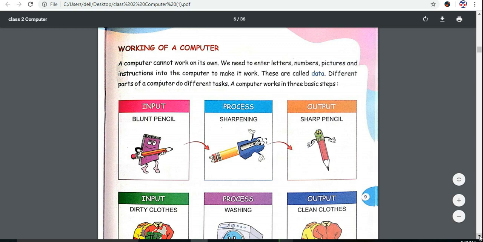We will have one example. Take an example of tea. Yeah, everyone knows what is tea. So if you want to make a tea, in that what will be the input? Means what things you require for making a tea. So it's simple.